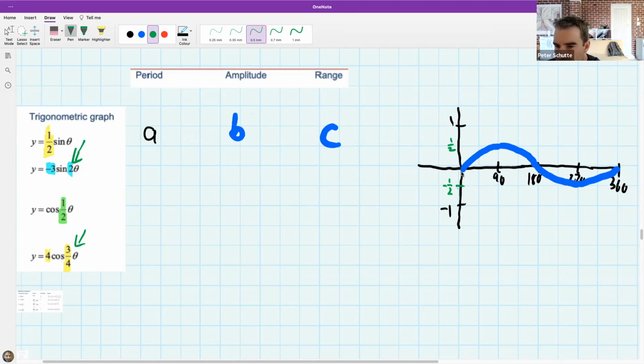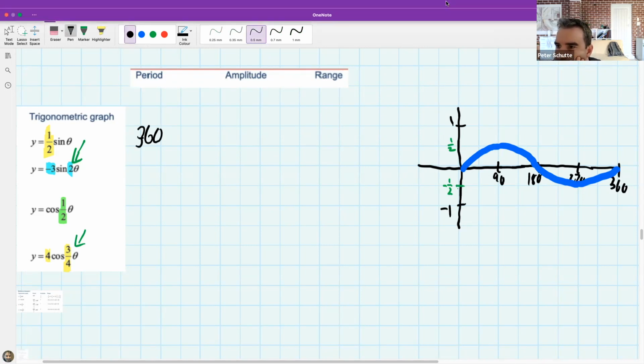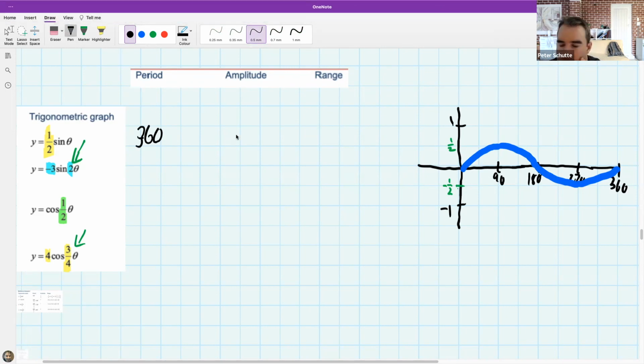Now, to me, it only goes up, down, down, up. The period of the graph is going to be 360 because you can see a full cycle fits in 360. What's the amplitude and range going to be? So amplitude is going to be a half.